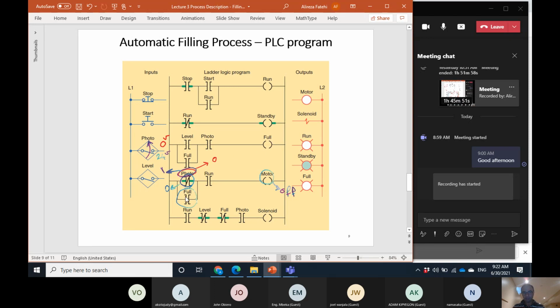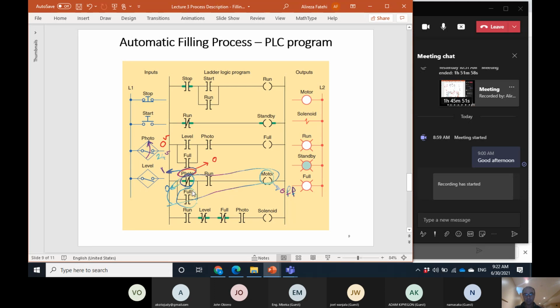Okay, and if there is sufficient material in the box, this variable full is on, then the motor runs. So the motor runs either if there's not any box in front of the photosensor, or there might be a box, but it is full. So this is the reason that we have this logic at this point.